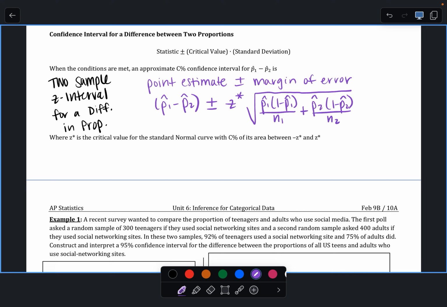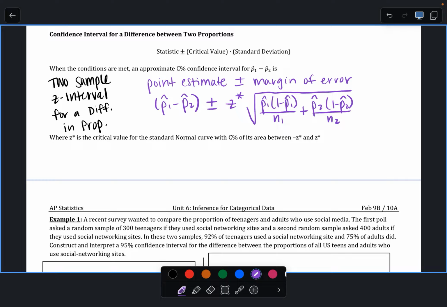Now, I don't want you to stress out about the formulas because most of the time you are probably going to do this in your calculator, which is fine. With the formula, they are moving more towards asking multiple choice questions about which of these would correctly calculate the interval, things like that. And so it's mostly just knowing where the numbers go in terms of what formulas they give you. And all of the pieces are on the formula chart, which I'll put up on the board at the very end. You just have to know when to use what.